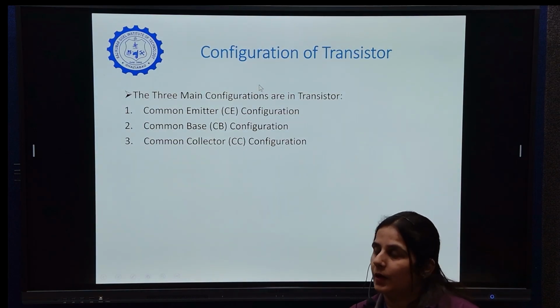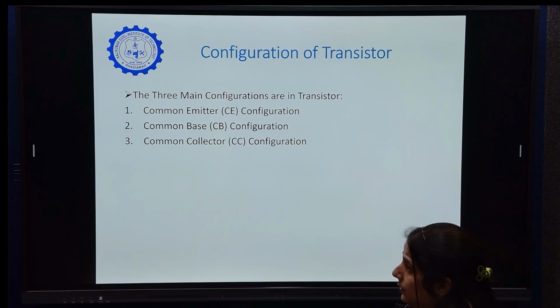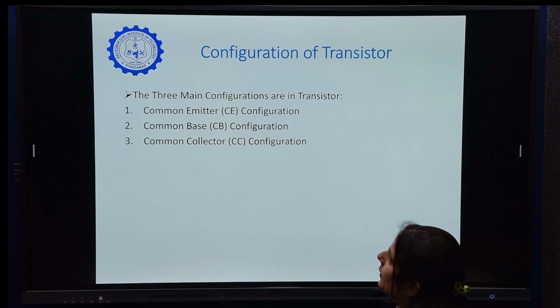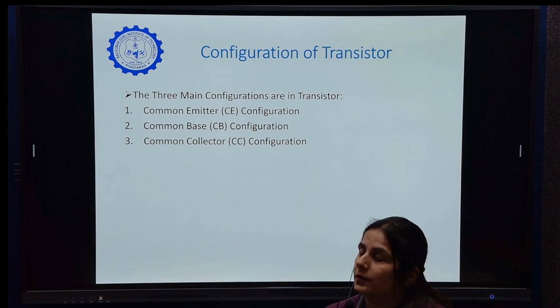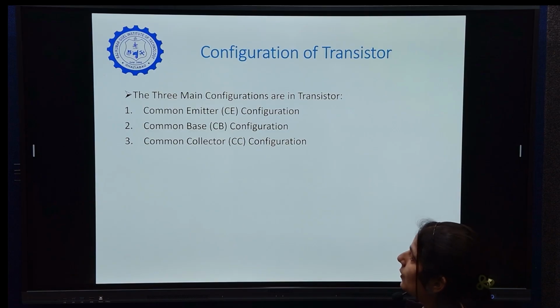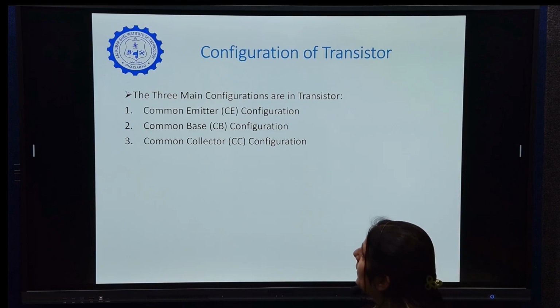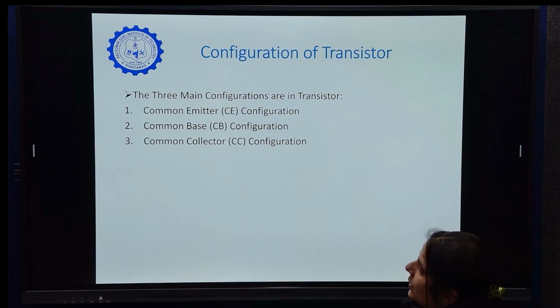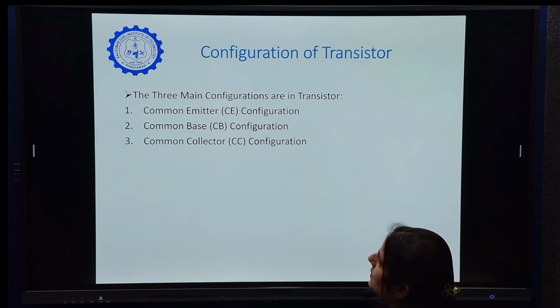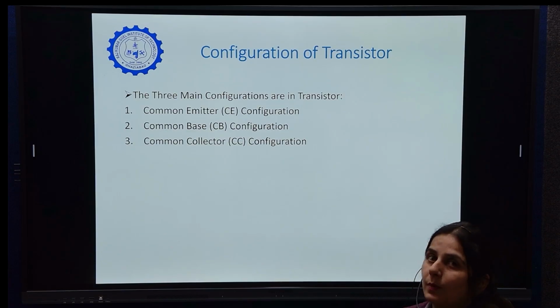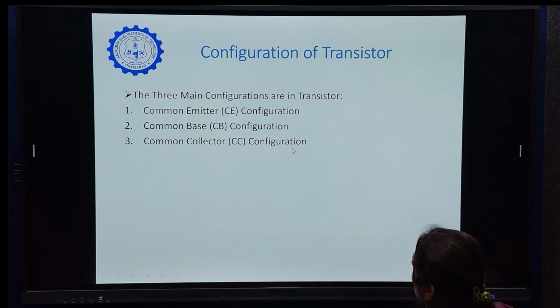Configurations of transistor. There are three main configurations in transistor. The first one is common emitter configuration, second is common base configuration, and the third one is common collector configuration. Common emitter is called CE configuration, common base is called CB configuration, and common collector is called CC configuration.